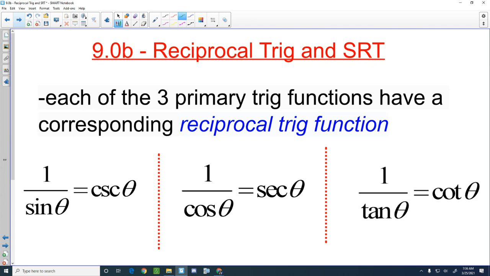That's actually a review concept from geometry, but I want to go over those again. But the new concept for today are these reciprocal trig functions. Each of those three primary trig functions, sine, cosine, and tangent, has a reciprocal function, like we saw in that warm-up, 1 over cosine. But instead of writing it as 1 over cosine, it actually has its own special name.